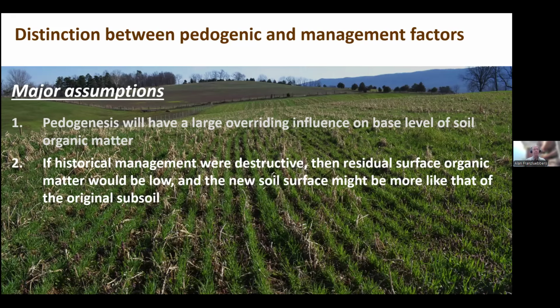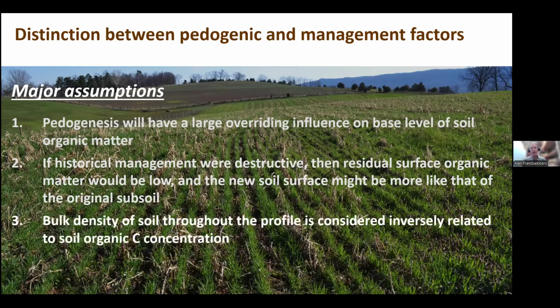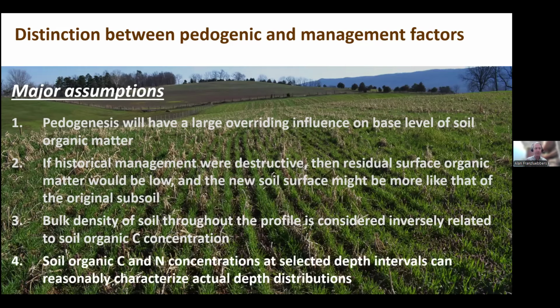Bulk density of soil throughout the profile is considered inversely related to soil organic carbon concentration. This is kind of a fact already, that from data sets all around the world, we see this inverse relationship between soil organic carbon and bulk density. And this is an important part because we need to have the bulk density estimate in the calculation of the root zone enrichment.